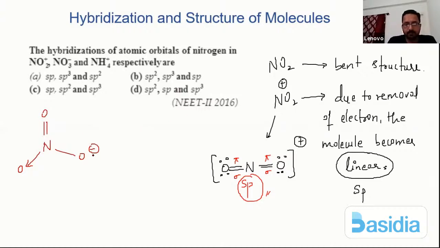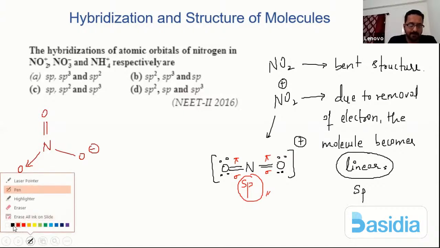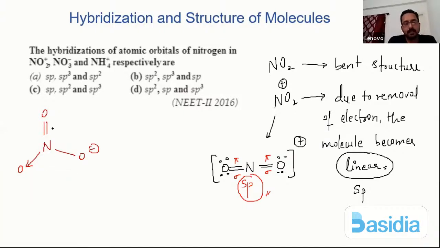Okay, so now if I say this is my sigma, if I say this is my pi, my sigma and my sigma, how many sigma bonds do you find? 3 sigma bonds. So the hybridization is going to be what? Sp2 hybridization.